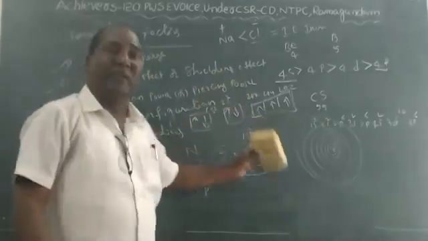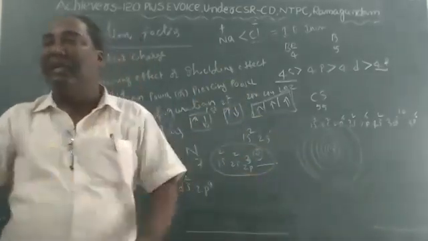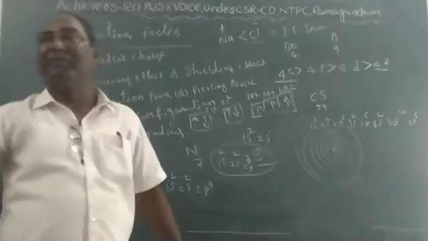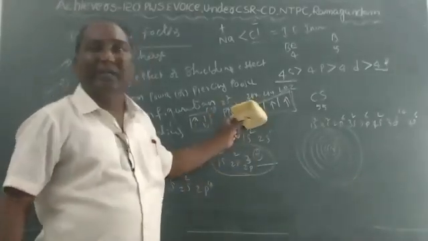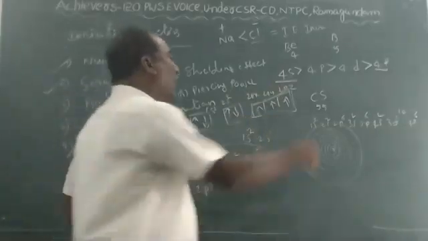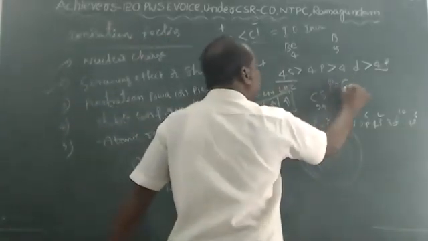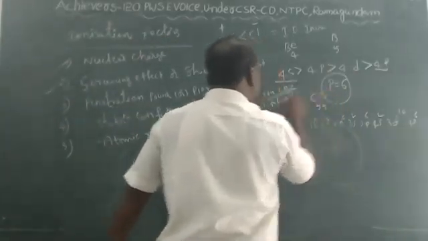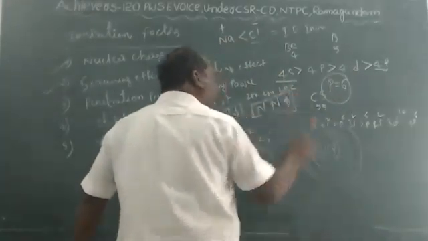Here one condition will be there, children: if an orbital is filled with full electrons or half of the electrons, it has full stability. The p orbital's maximum capacity is 6 electrons, and here 3 electrons are occupied.